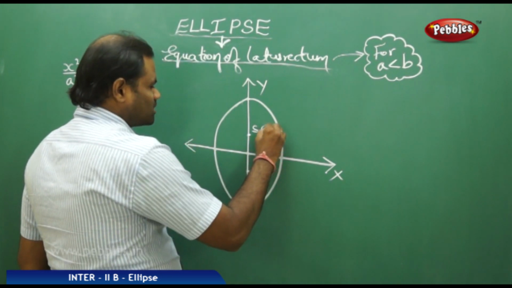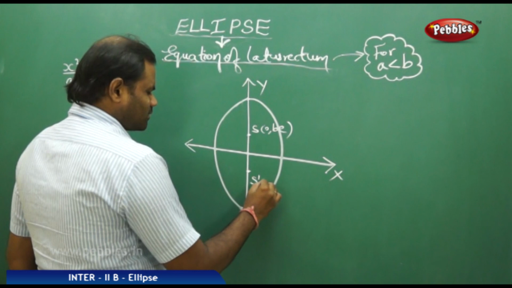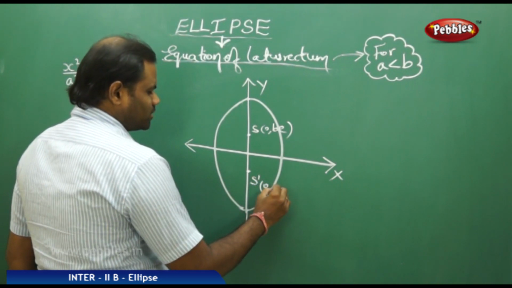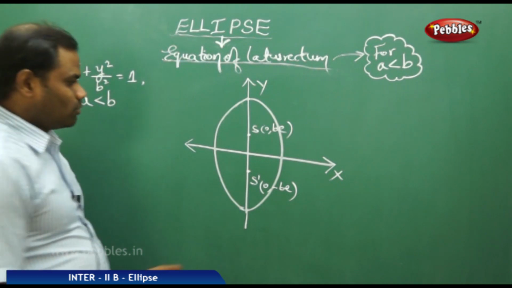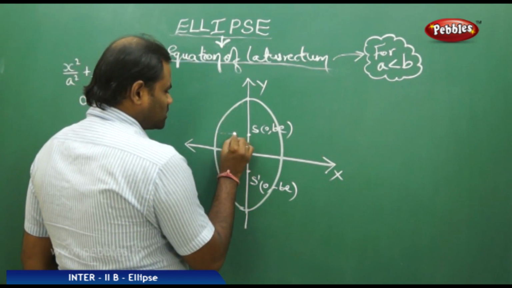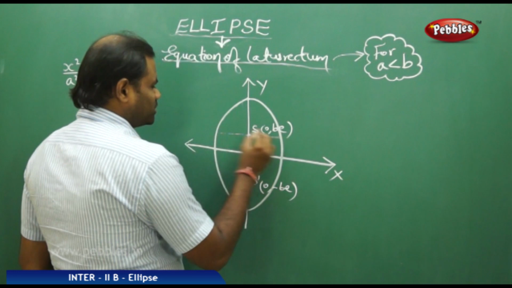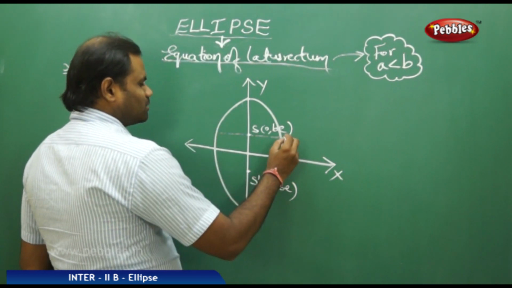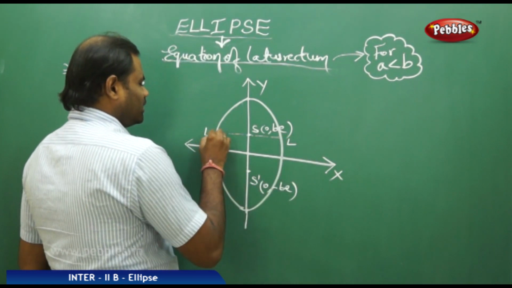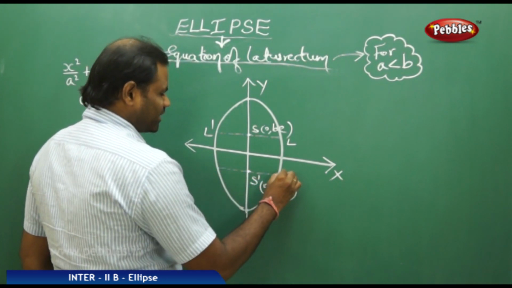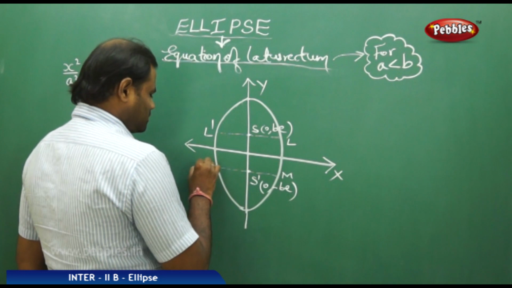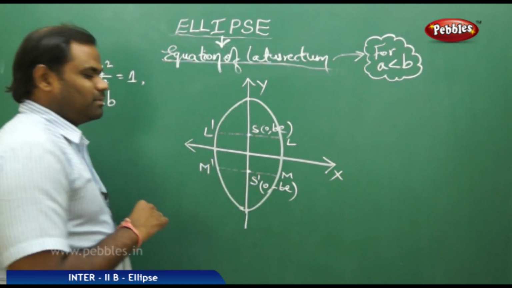The coordinates of S are (0, BE), and this is (0, minus BE). Therefore, the lateral recta passing through focus S would shift in this manner with L and L dash, and the other lateral recta would shift with M and M dash.